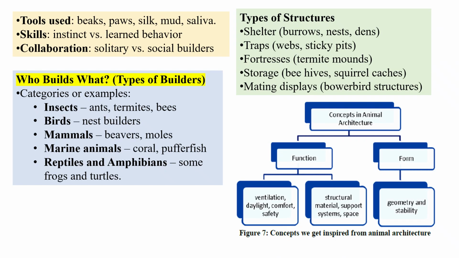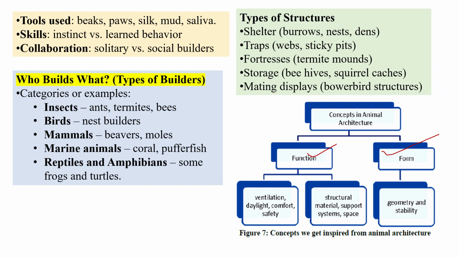Now, whenever we talk about animal architecture, as we consider some parameters while buying or purchasing a house, they too consider some parameters like function and form. In function, they consider ventilation, daylight, comfort, safety, and structural material, which should be stable enough, strong enough during storms and heavy winds.